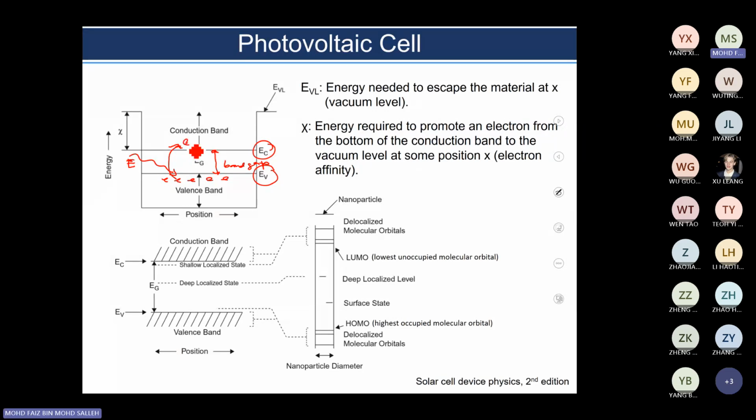So this depends on the energy band gap. We have the other level that we call the vacuum level. If you put your material inside the vacuum and you give much bigger energy, the electron can go up above the vacuum level.